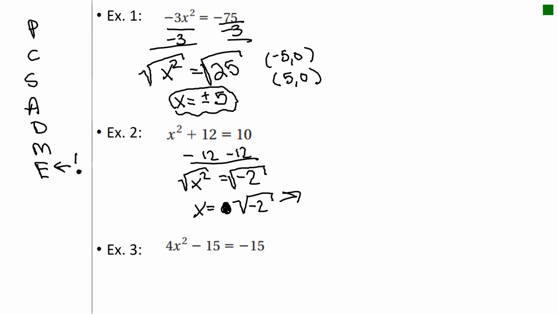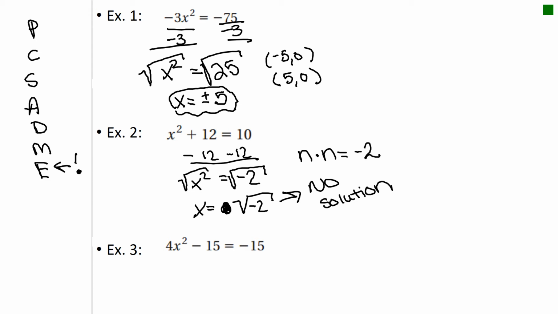This one has no solution, meaning it doesn't cross the x-axis, because you cannot multiply anything by itself and get a negative number. A negative square root does not exist. There's not a number times itself that will get you a -2. So no solution when it's a negative.